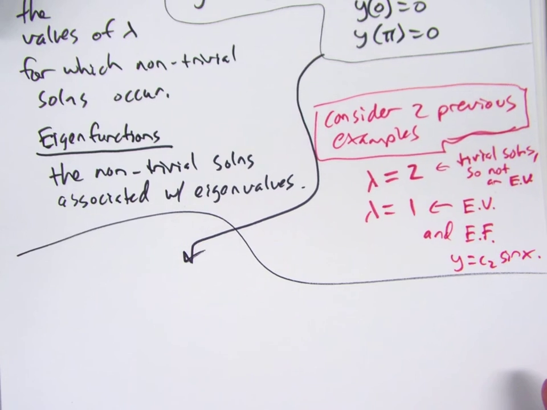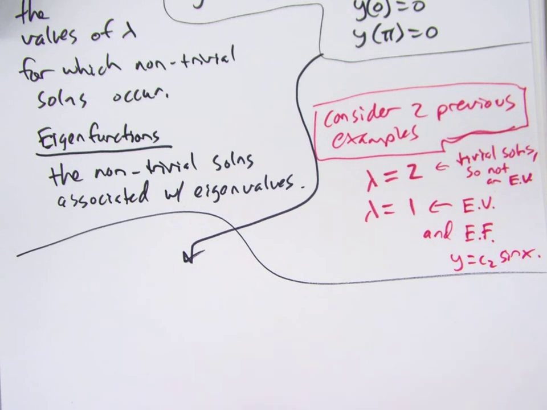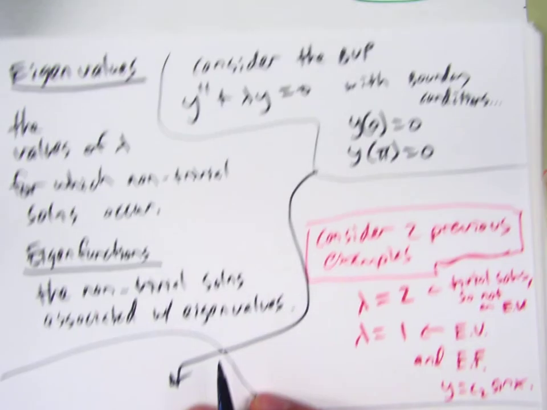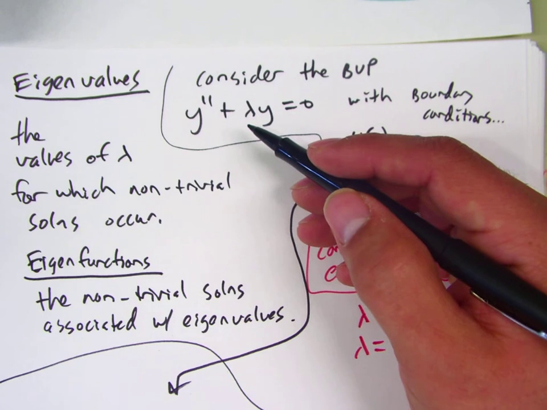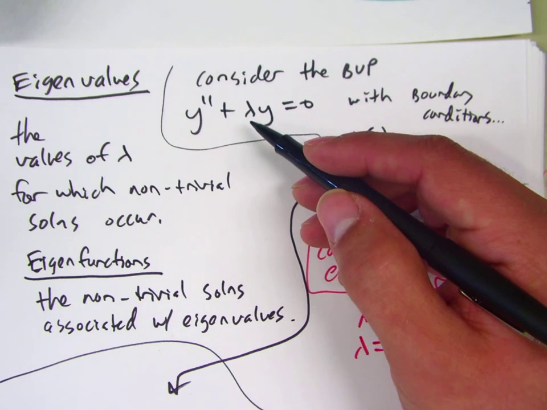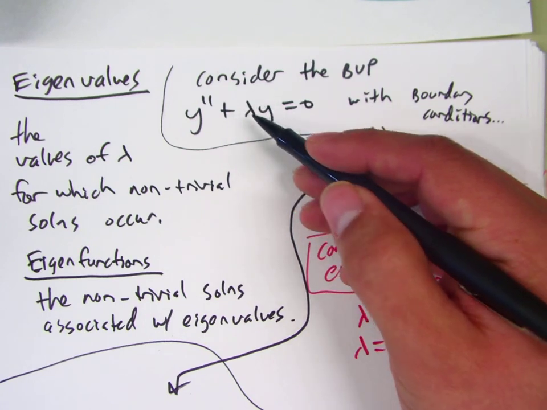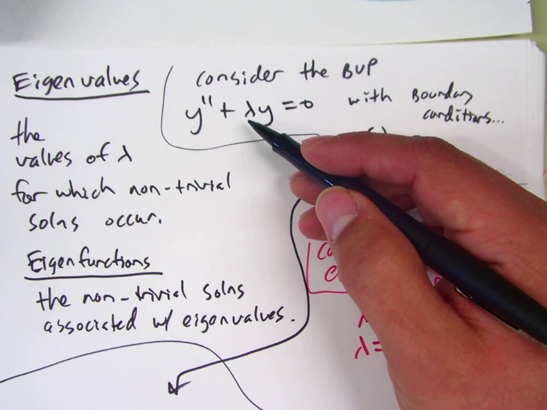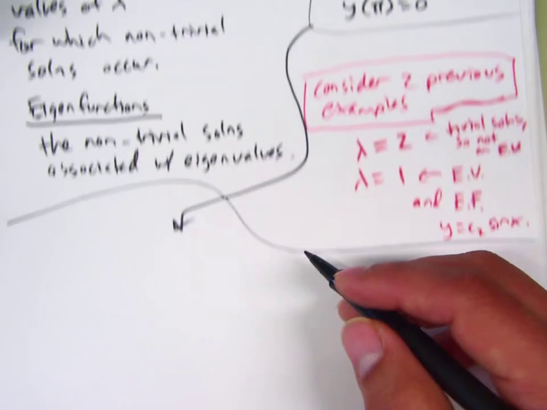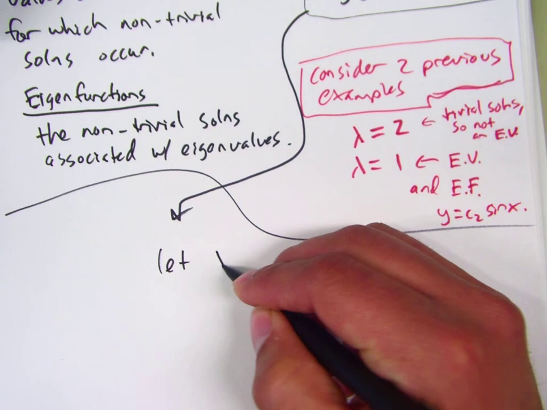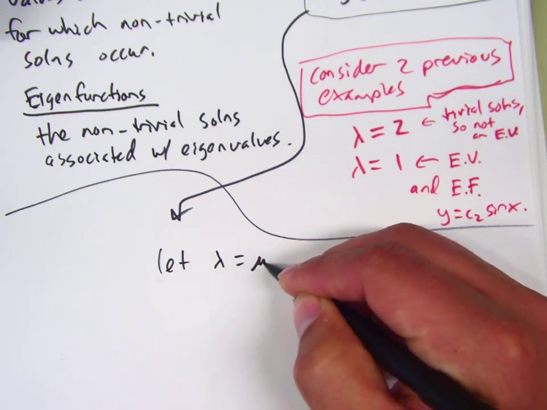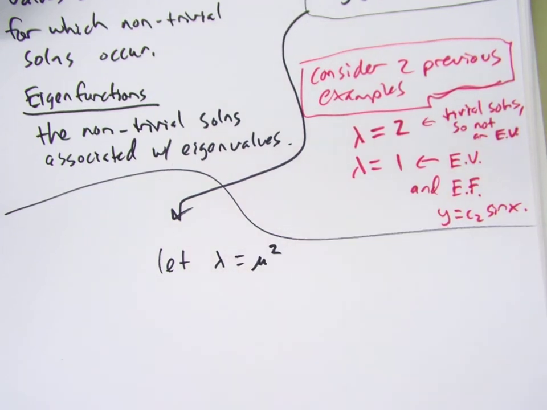First of all, to simplify things, when we saw a 2 in there, we got radicals as part of the solution. So first thing we're going to do is let lambda equal mu squared, so that when we start writing things out generally, we can avoid having to write a square root over and over, okay?